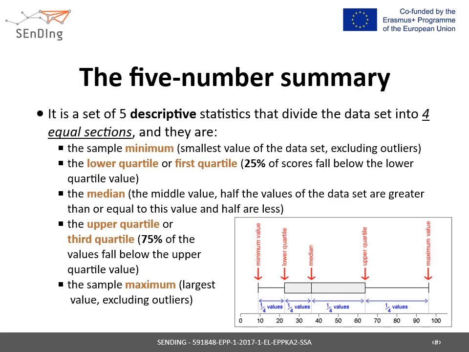Half the values of the dataset are greater than or equal to this value and half are less. The upper quartile or third quartile: 75% of the values fall below the upper quartile value. And the sample maximum, the largest value, excluding outliers.